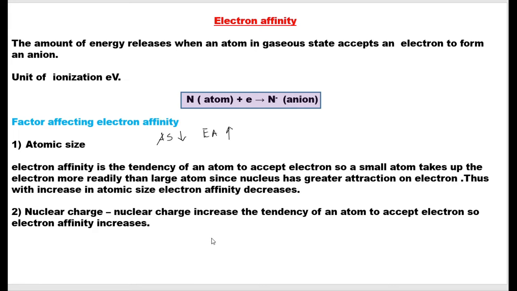So if the nuclear charge is more, there is more tendency of an atom to attract electrons, so EA increases. Now we will see the trend across the period and groups.